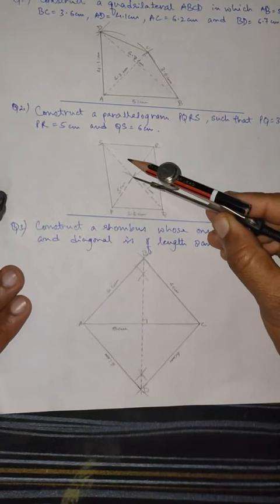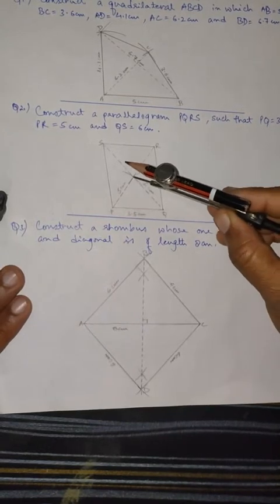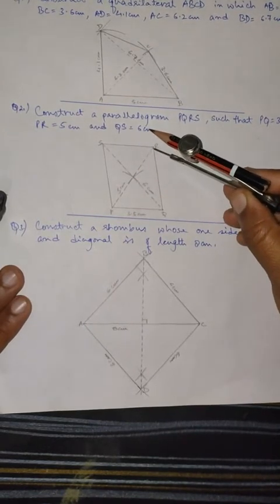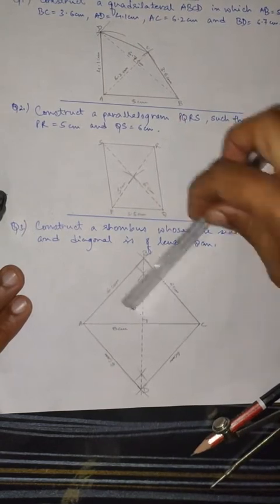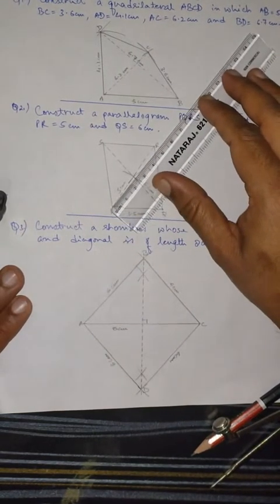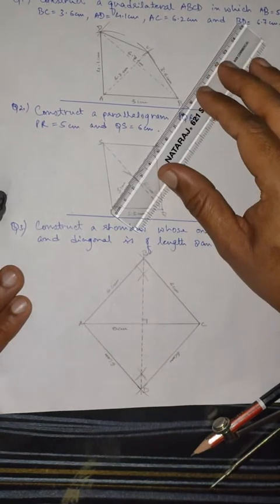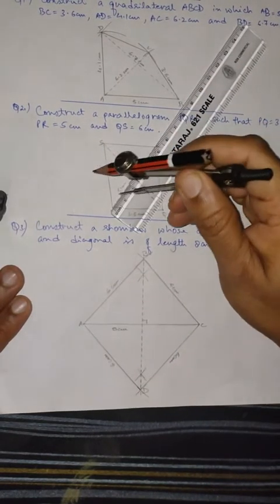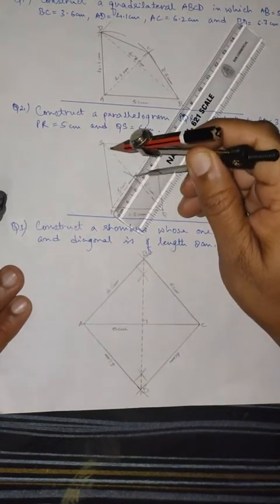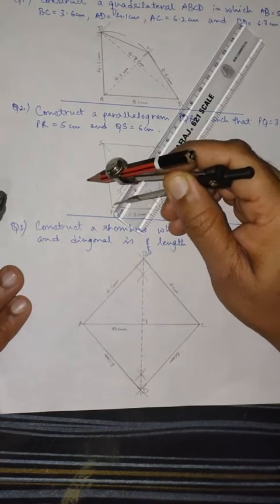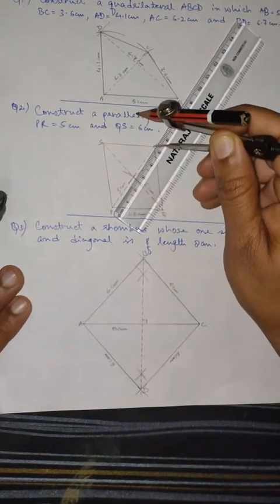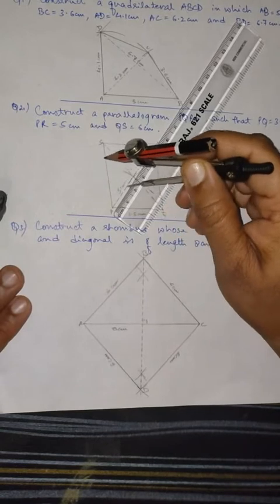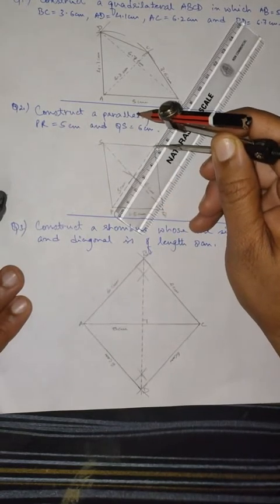The other half I'm going to extend with the help of a ruler as 2.5 centimeter. So I'm going to place the ruler over here at this P point, as you can see, and extend this length which I earlier drew as 2.5, another 2.5. In this way, this diagonal will come out equal to 5 centimeter.